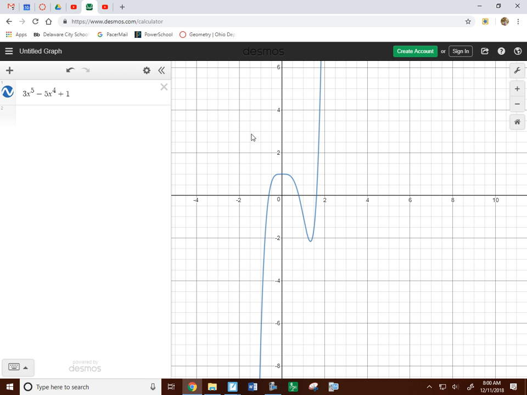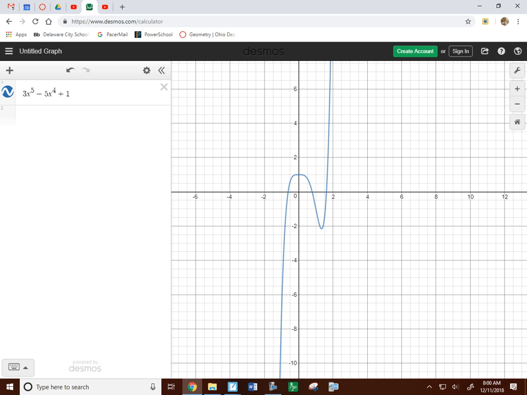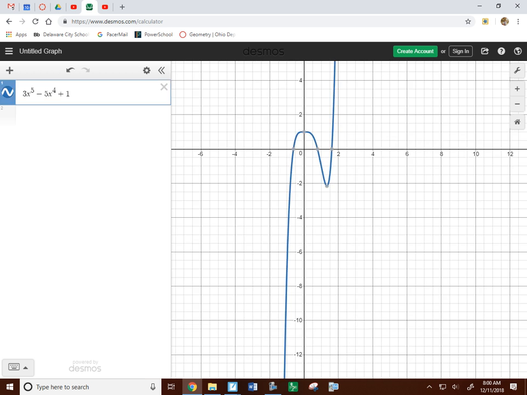Okay, so concave down up to 0. It's shaped like a frown up to 0. But you can see then it's actually like a local max. Then it's concave down some more. It's still shaped like a frown, but at 1.